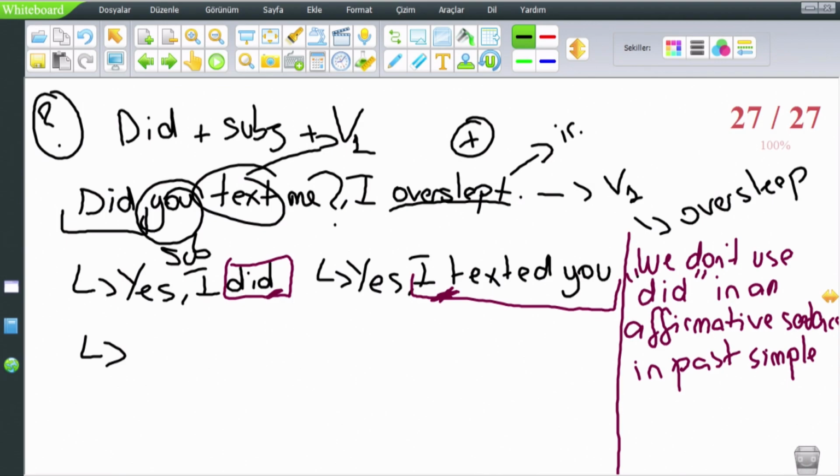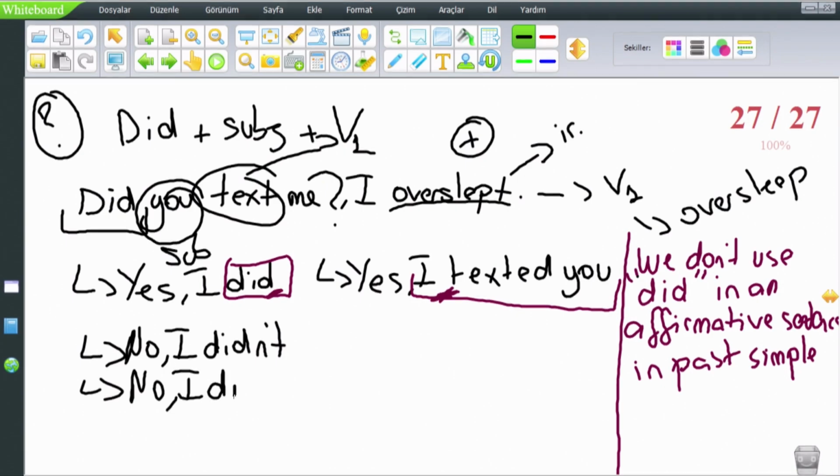Let's look at the negative one. No, I didn't. This is my short answer. If I want to give a long one, no, I didn't text you. Now you may ask, we omit did in the long answer when we're talking about a positive one, but a negative one, we still kept didn't in both of them.